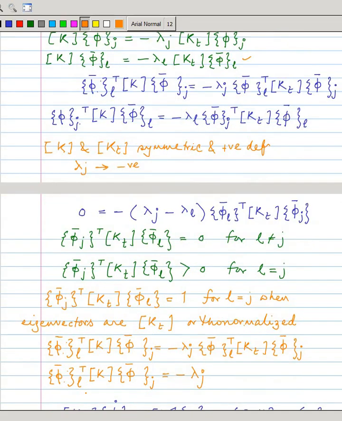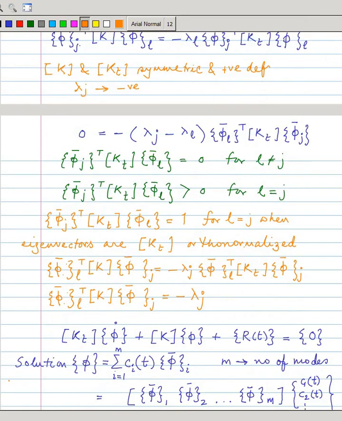Starting from the first one, if you multiply it with phi L transpose, this is what you get, and phi L transpose KT phi j is equal to 1 for L not equal to J. So phi L transpose K phi j is equal to minus lambda j because this is 1.